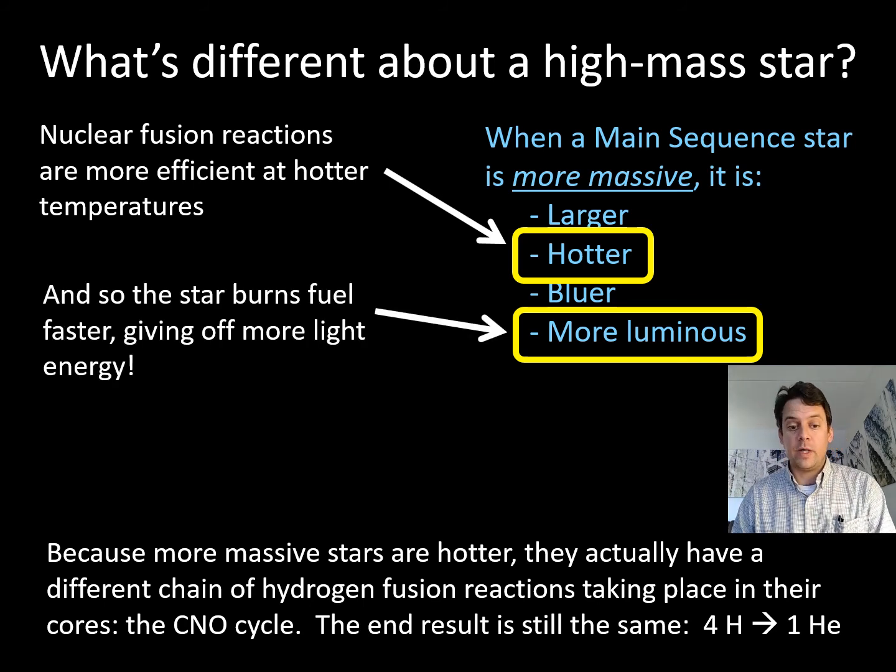The dominant set of reactions in high mass stars are known as the CNO cycle, and we'll talk about the details here very shortly. The end result is going to be the same. We're going to convert 4 protons, or 4 hydrogen nuclei, into a helium nucleus, and we're going to release energy along the way. But the details of that process will be different, and the amount of energy released will be different.